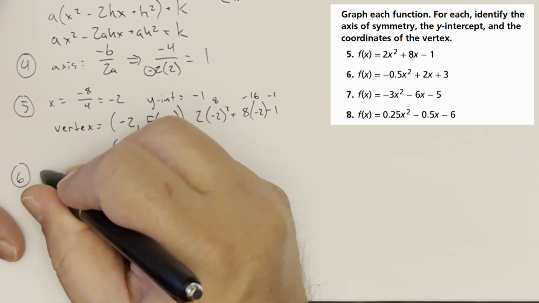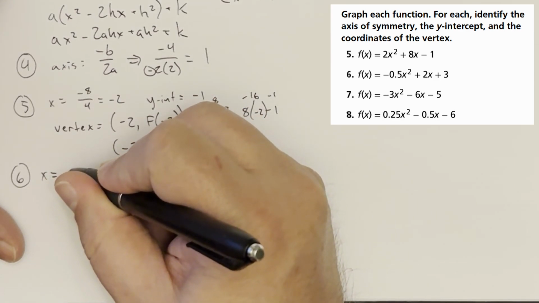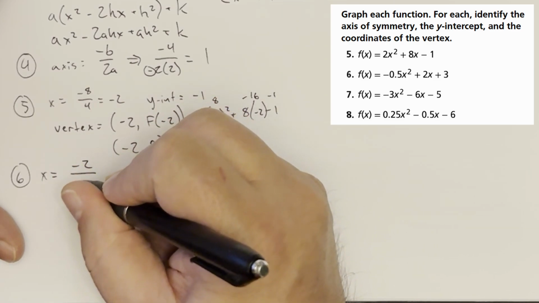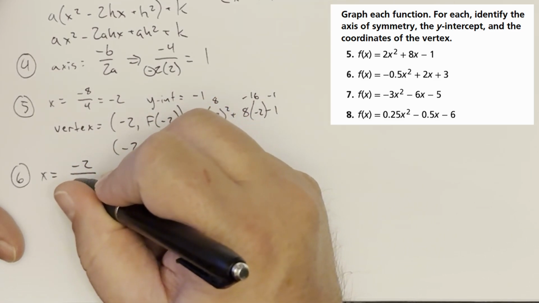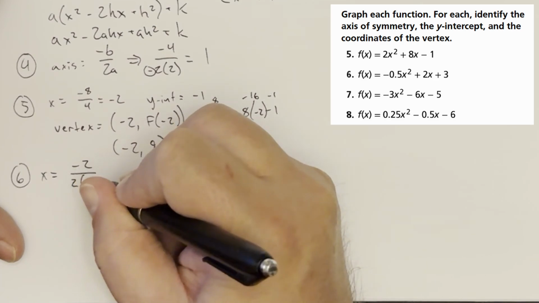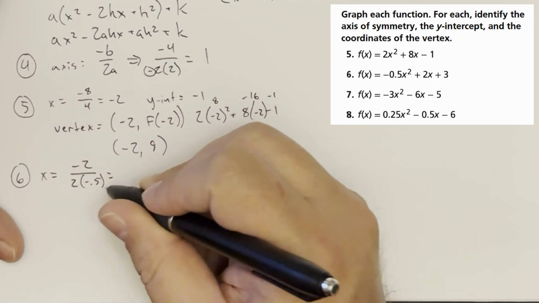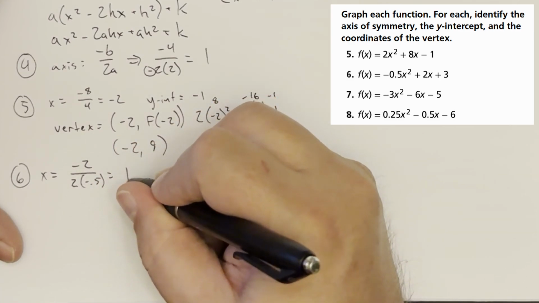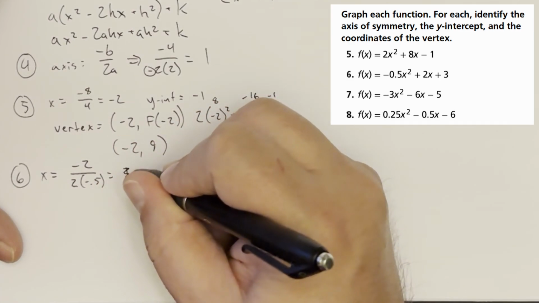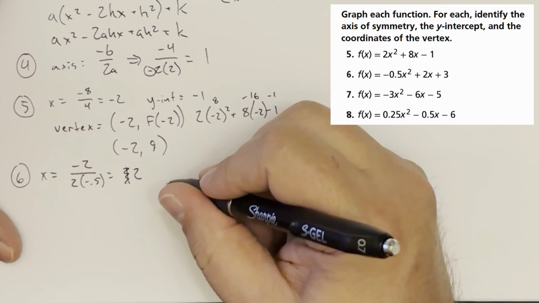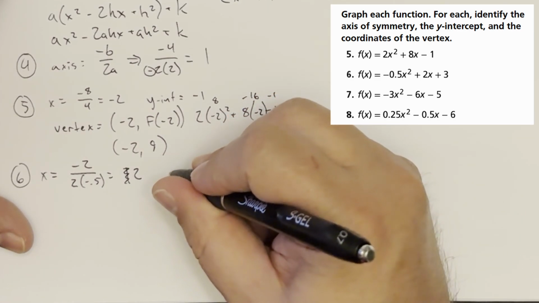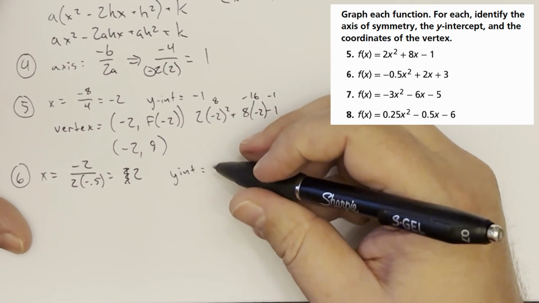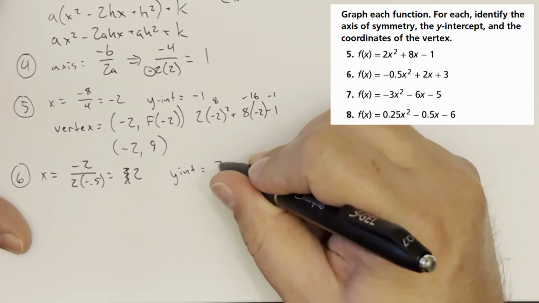6. For f of x, we figure out the axis of symmetry again. So we get negative 2 over 2 times negative 0.5, which, if you multiply that through, is negative 1. Negative 2 divided by negative 1 is 2. The y-intercept is just c again, which is 3.